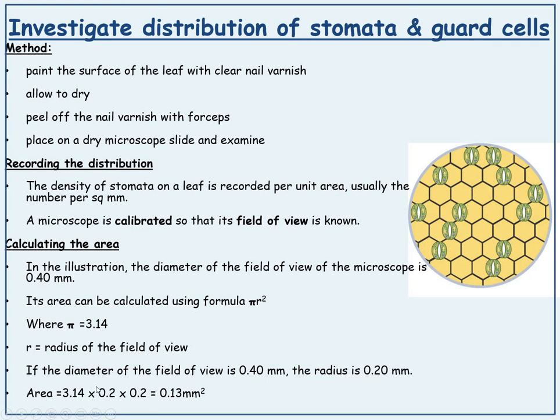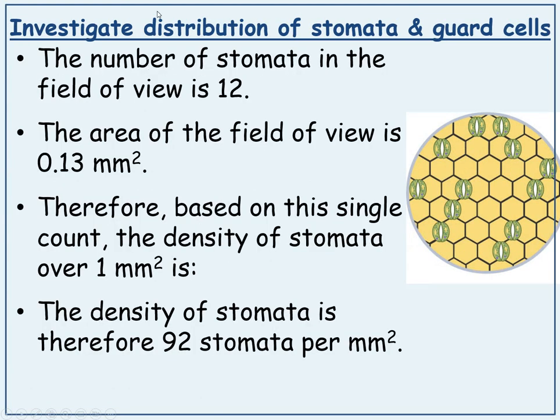Make sure you use BODMAS for this. I would always do the 0.2 squared first and then times it by 3.14. So the answer is 0.13 millimeters squared is the area of the field of view. The number of stomata in the field of view is 1, 2, 3, 4, 5, 6, 7, 8, 9, 10, 11, 12.